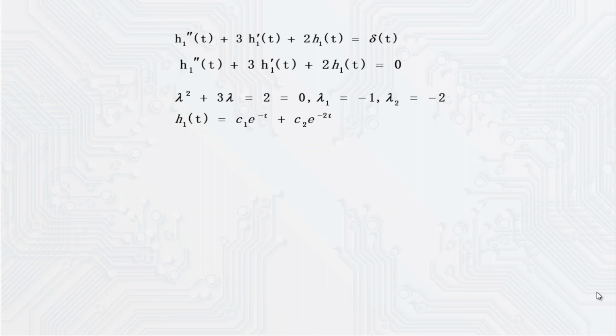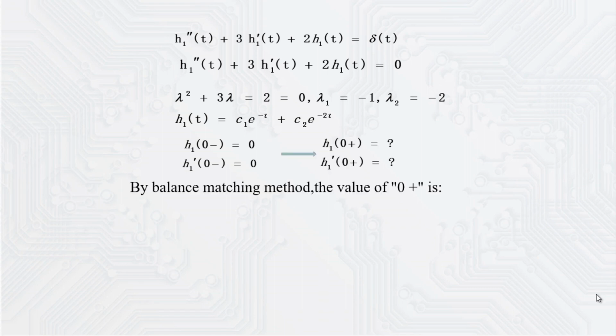Let's look at the coefficients C1, C2. We need to use the 0 minus values to find the 0 plus values, and then find the undetermined coefficients C1 and C2.